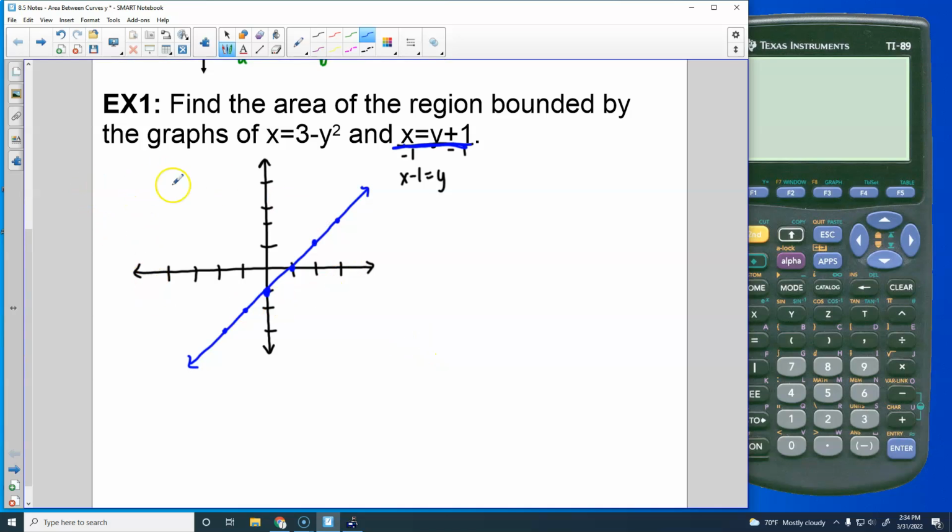It is going to open to the left, and it's going to be moved 3 spaces right, because it's x equals, so it's backwards. That number right there is going to move it this way.